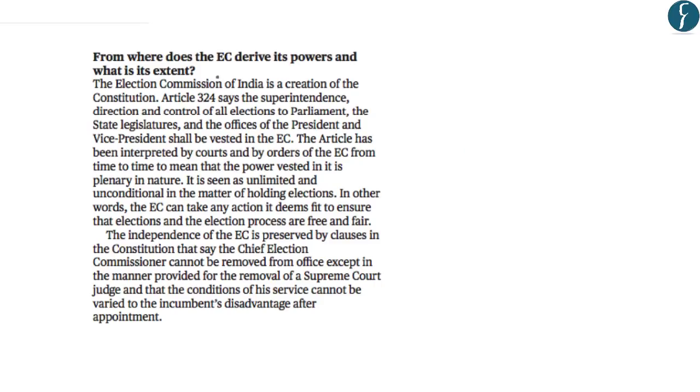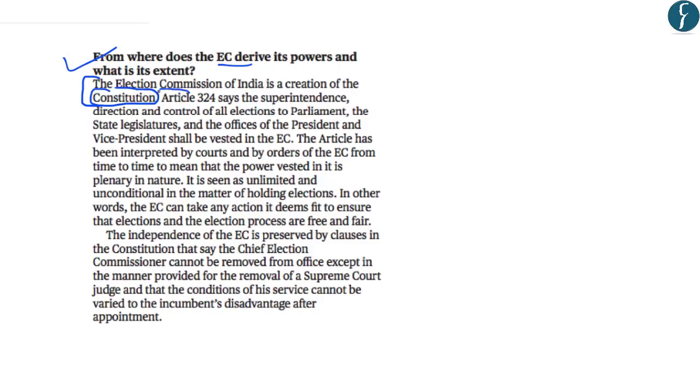So firstly, the article raises the question that from where does the Election Commission of India derive its powers and what is the extent of these powers? So firstly, this says that the Election Commission of India is a creation of Constitution, which means that it is a constitutional body.